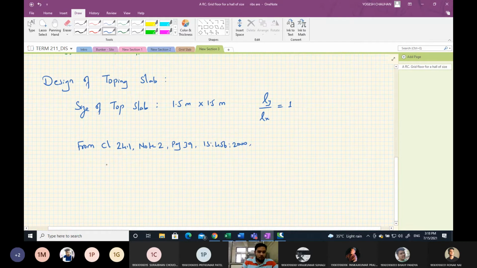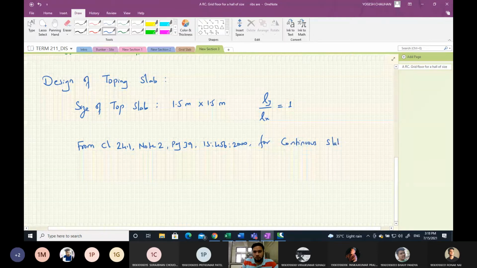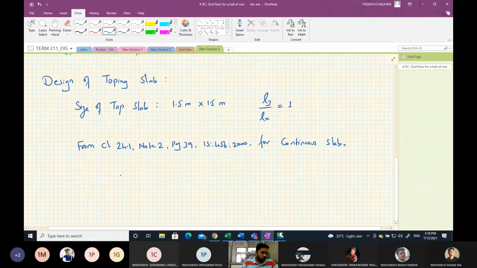For continuous slab, the thickness of slab will be equal to Ly by 40.